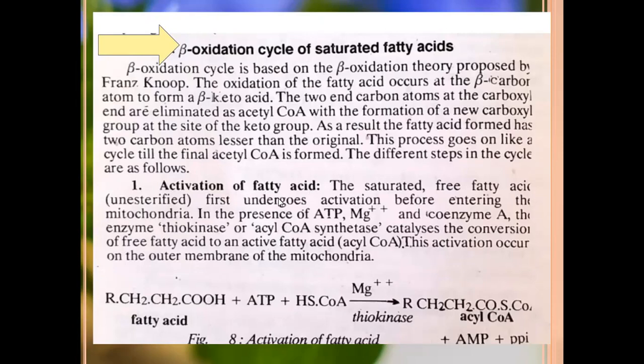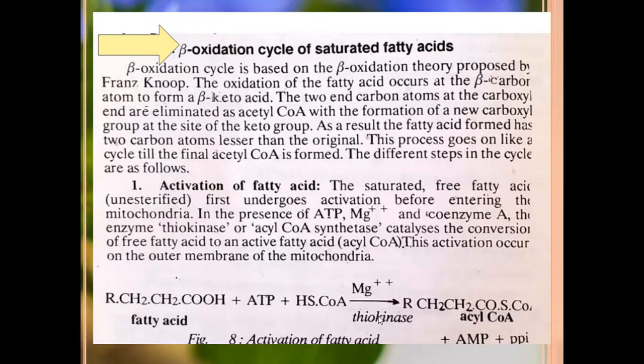The fatty acids are generally in an inactive state in the cells, so they are activated by a special enzyme, that is thiokinase. With the help of thiokinase, fatty acids are changed into the activated form, acyl coenzyme A.